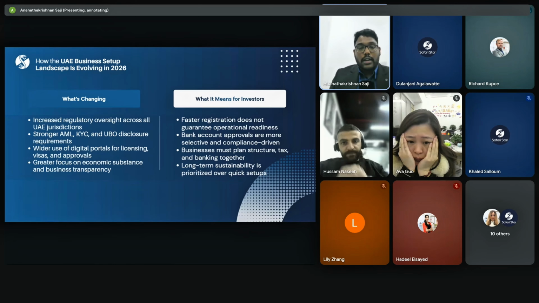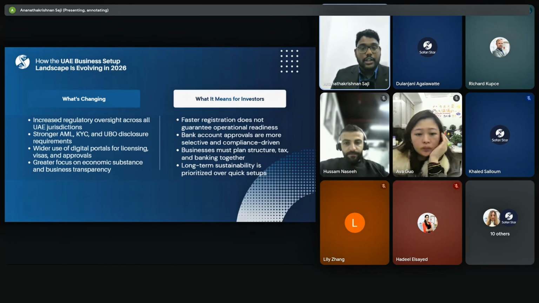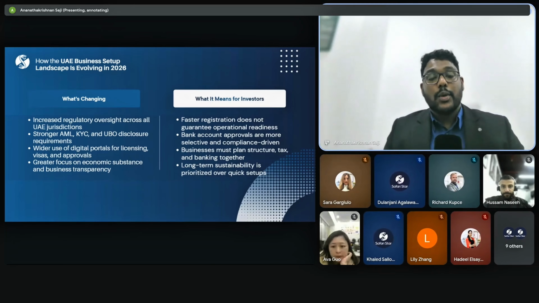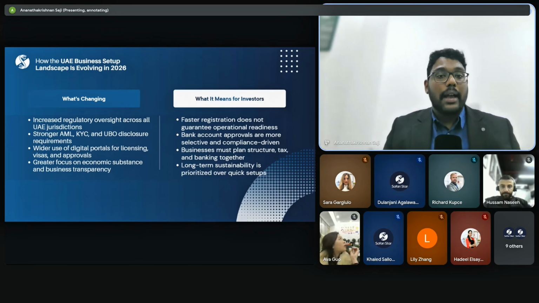And the third thing is wider use of digital portals for licensing, visas, and approvals. The whole concept of UAE right now is to go paperless. The registration of license, let's say registering for a bank account, everything is done online. This is to make it hassle free for the initial registration, so you can focus on structuring the company, the taxation rules, and banking as well.